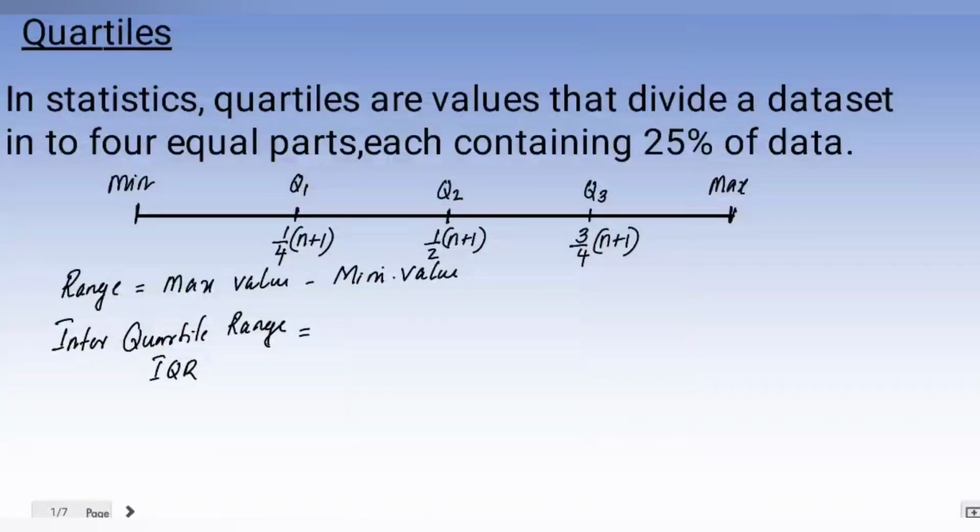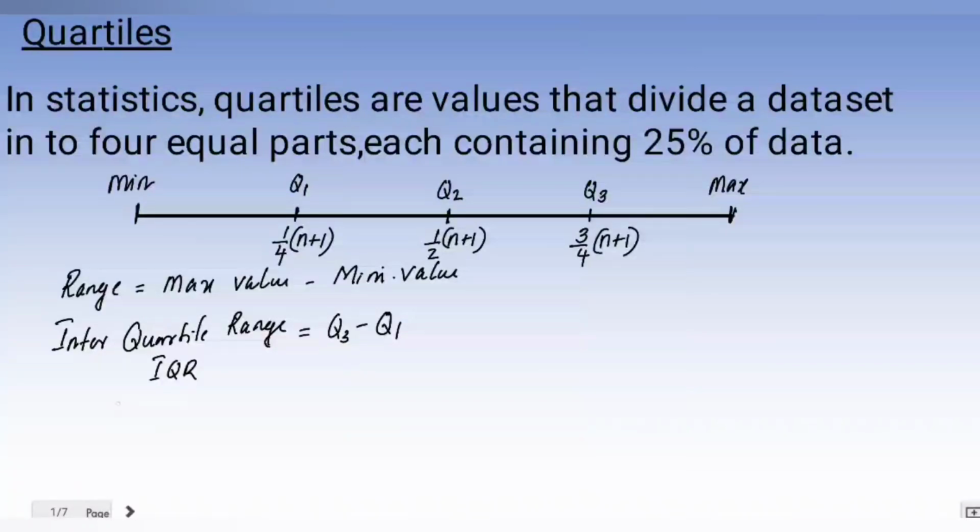That is the distance from Q1 to Q3, that is Q3 minus Q1. That is interquartile range. Actually, these quartiles are really helpful to find the spread of the data. We will talk about the spread of the data in the coming videos. So interquartile range is Q3 minus Q1.